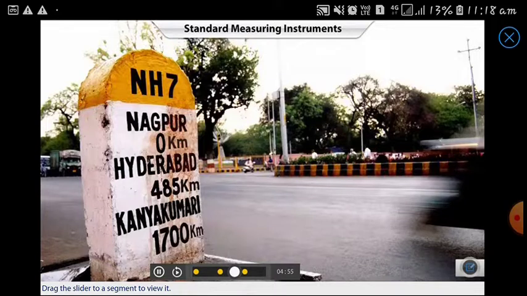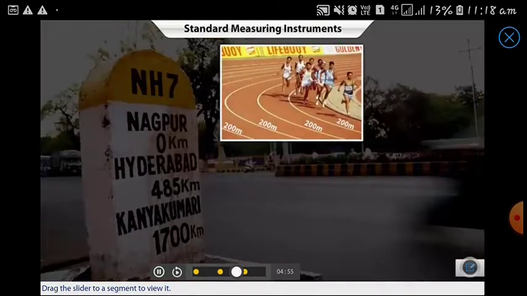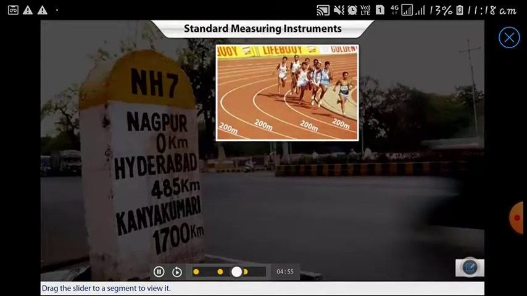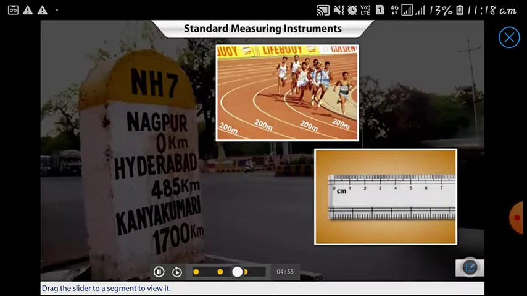Now, is it possible to measure the height in kilometers? Yes, it is. But we generally use kilometers to measure large distances. For smaller distances, we use meters, and for even smaller lengths, we use the unit centimeters and millimeters.